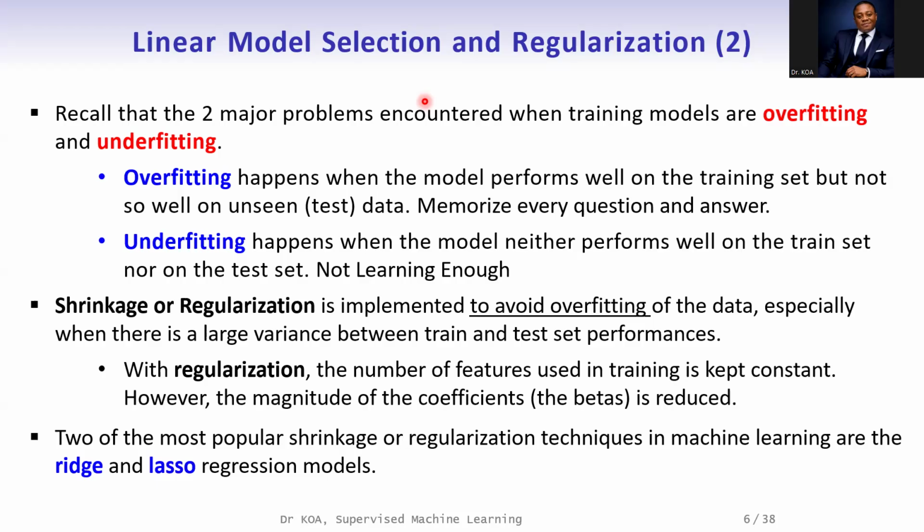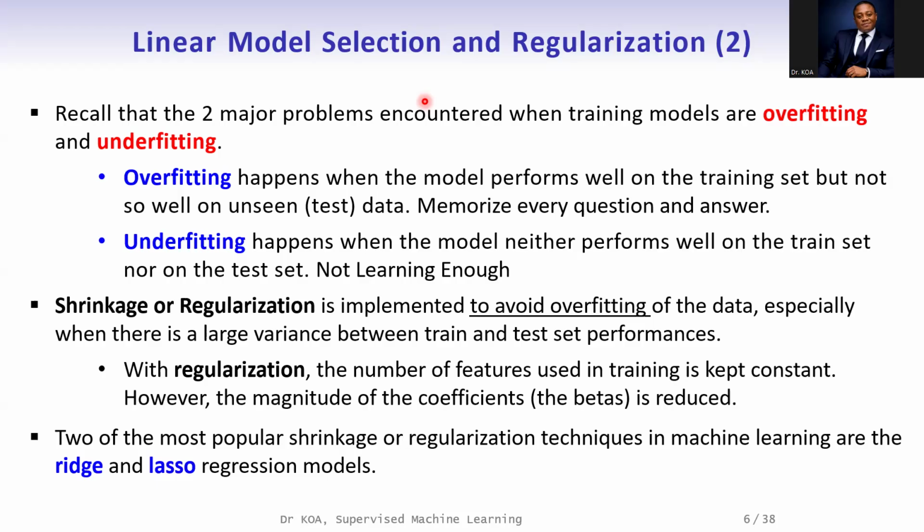So if you check the R square for the training set and you check the R square for the test set, you will see a big difference. That means overfitting is there.